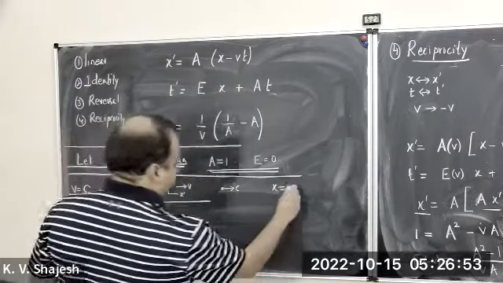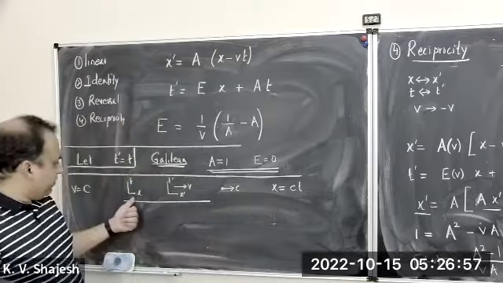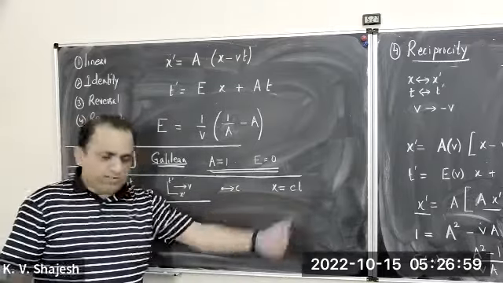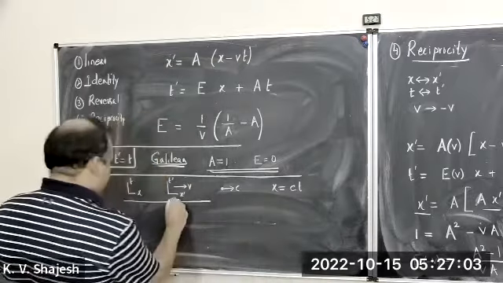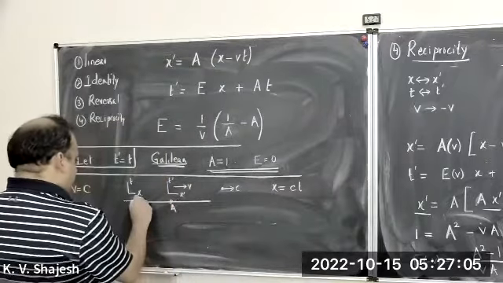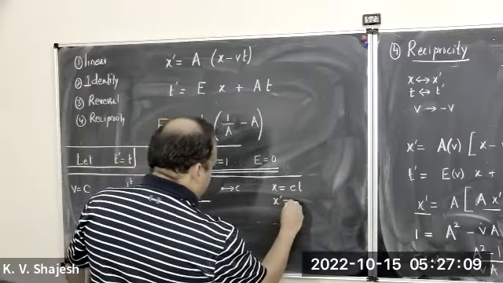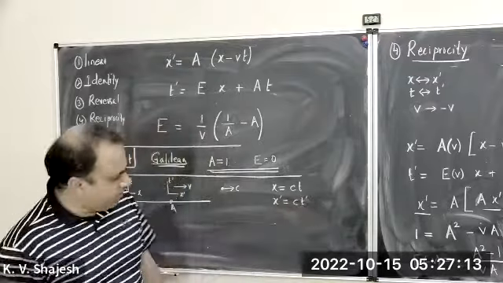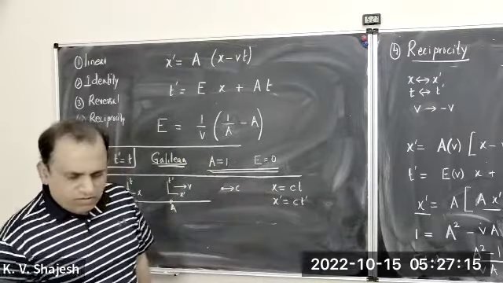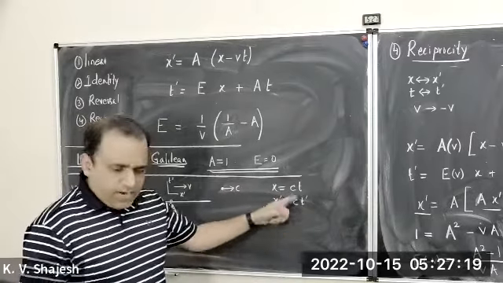This frame measures this as x equal to ct, because this is moved to the right. But A would say that it is x prime is equal to ct prime, in its prime there is a t prime there.